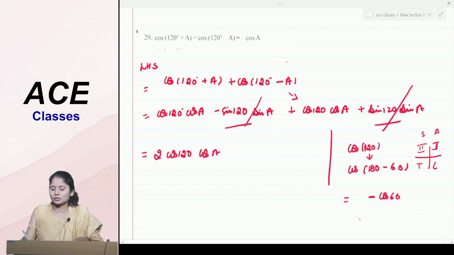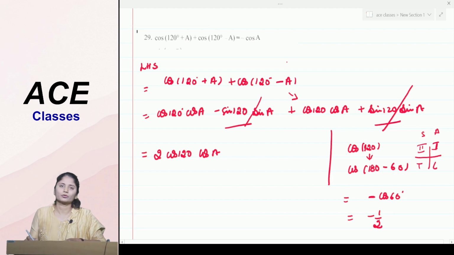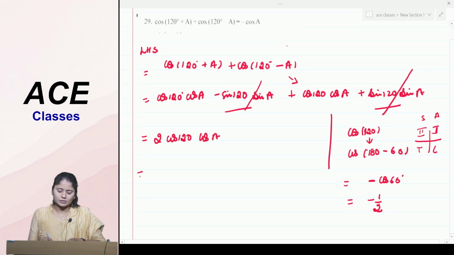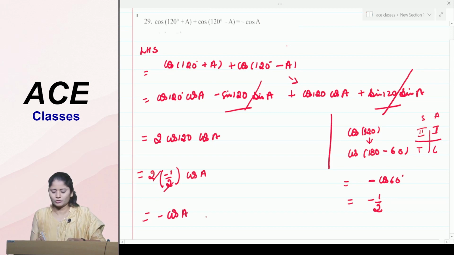So this is minus cos 60, that is minus 1 over 2. Or else just remember cos 120 is minus 1 over 2. So 2 into minus 1 over 2 cos A. 2 and 2 will get cancelled, minus cos A. So you have got your RHS and proof.